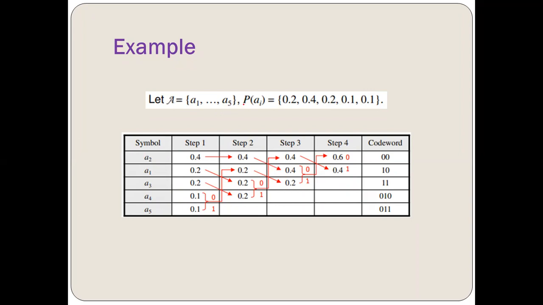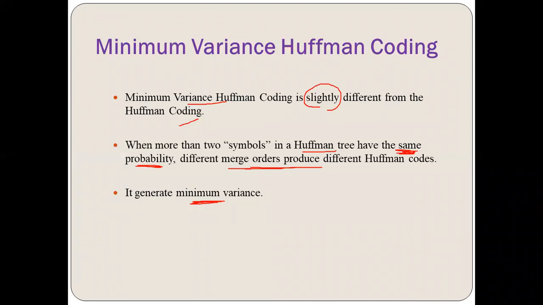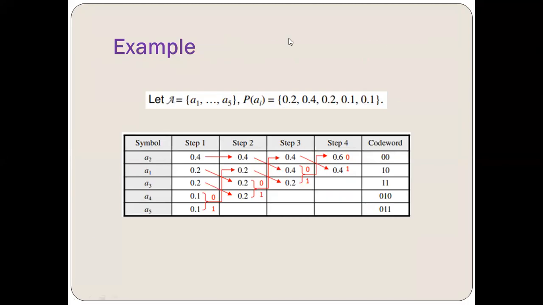So we have 5 symbols, and the probabilities are: for A1 we have 0.2, for A2 we have 0.4, for A3 we have 0.3, for A4 we have 0.1 and for A5 we have 0.1, right?